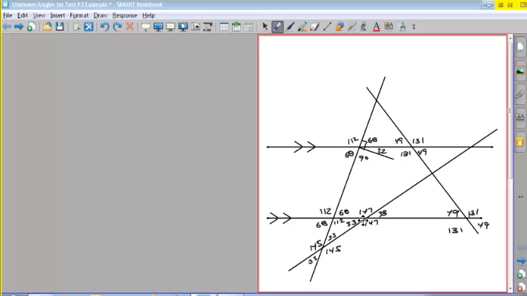Now, once I have this one, I notice that this line comes up here and intersects this parallel line. So these are parallel lines with a transversal. So the small angles have the same value and the large angles have the same value. And we can get it from either side.